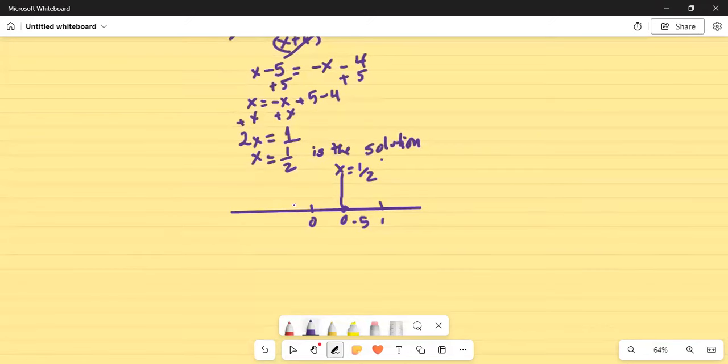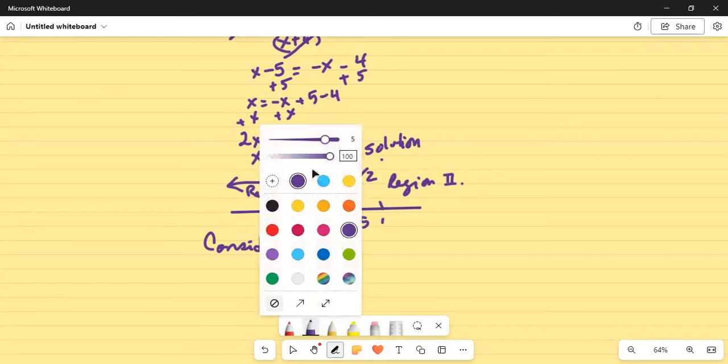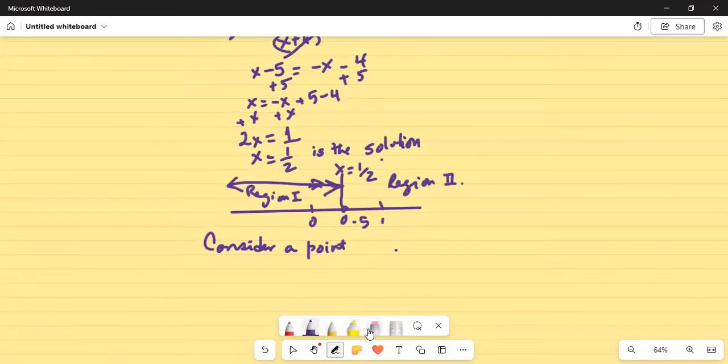Okay, so this is region 1, and this side is region 2. Consider a point, actually it approaches over here, so maybe I should draw this correctly.